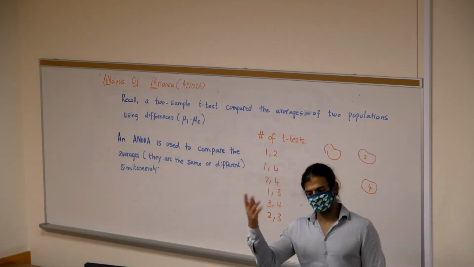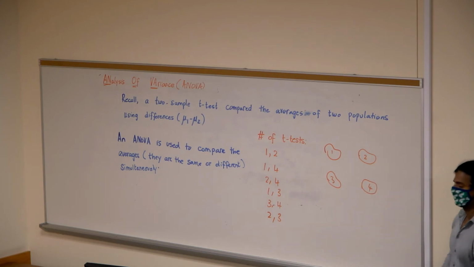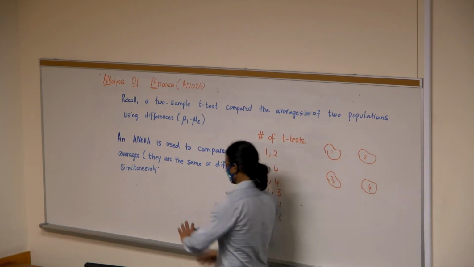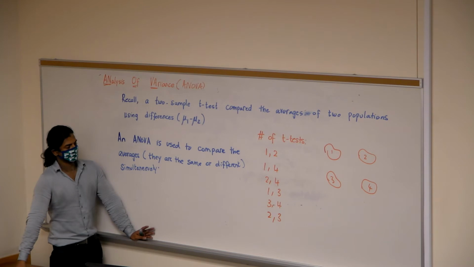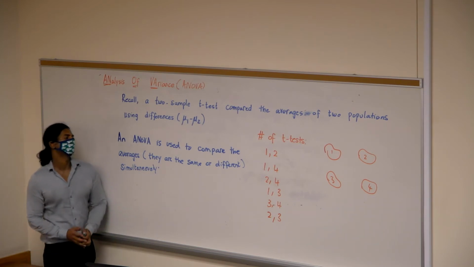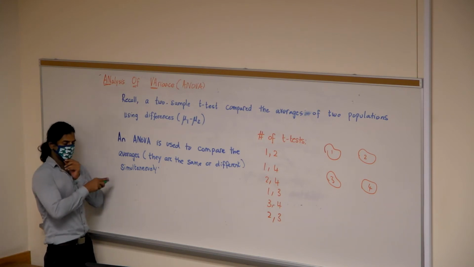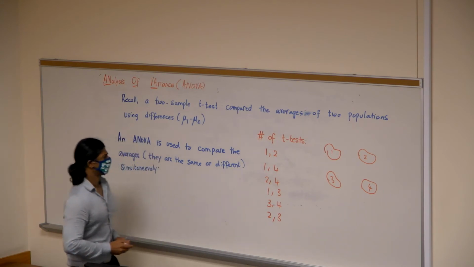And the theory behind it is that you would reduce the type 1 error and you would increase statistical power. I won't get into those because, if you ever become a statistics major or get into a PhD and whatnot, you will learn more about it. So ANOVA is a more powerful test than doing a bunch of t-tests.